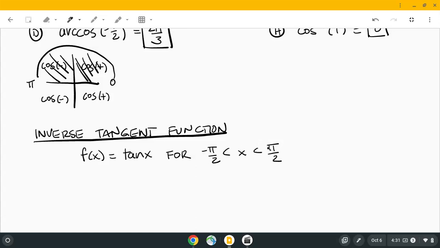If you remember, on these endpoints cosine, which is the denominator of tangent, right? Tangent is sine over cosine. Cosine of this and cosine of this is 0.